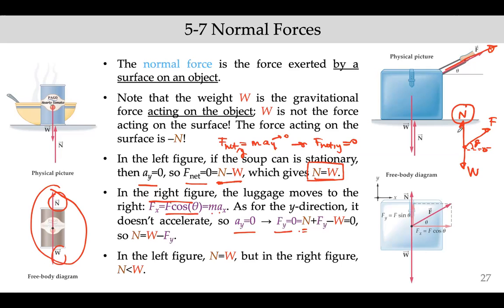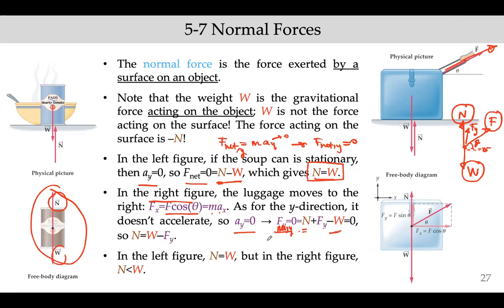There is the component of this external force F in the up direction, which I'm going to call Fy. And the other force, the weight, is down, so it comes with negative sign.